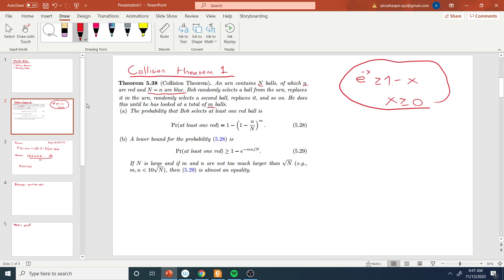Big N minus little n over big N is the ratio of blue balls to the total number of balls. And so we can think of this as the probability that when you're selecting a ball from the urn, it's blue.